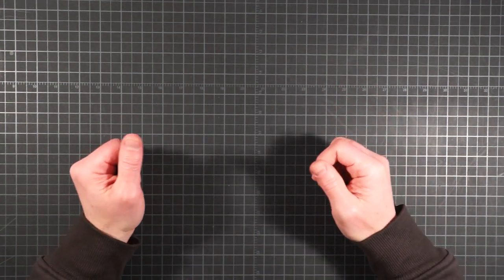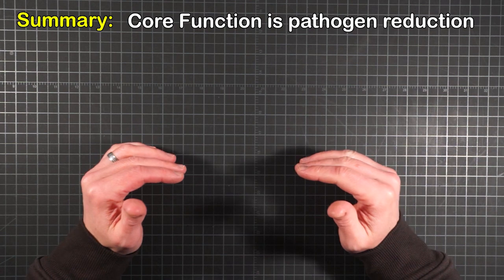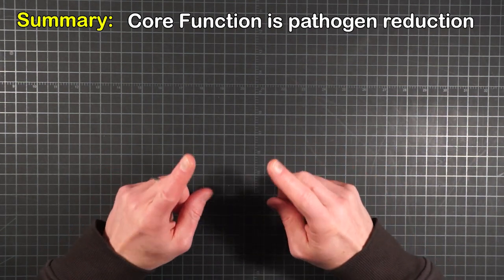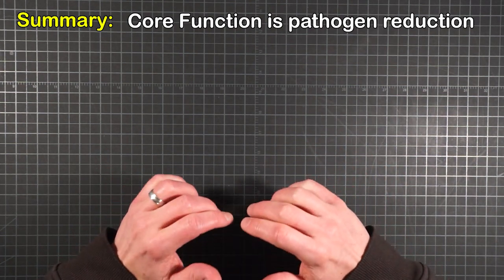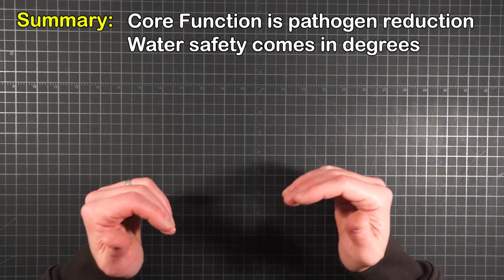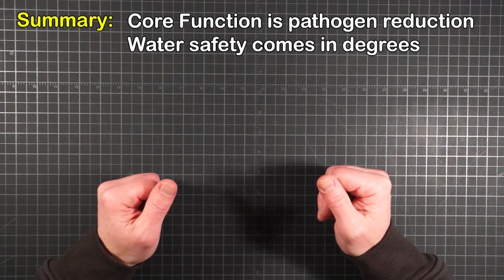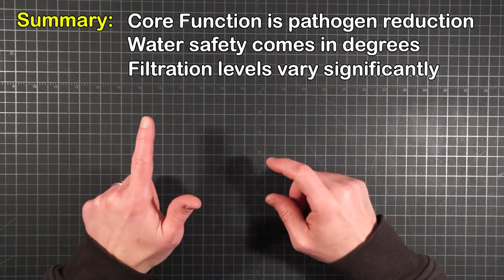Okay, in summation, ease of use and versatility do matter, but they are not the core function of a backcountry water filter. Pathogen removal is, and it's a false binary to suggest that a given filter is either safe or not. Safety comes in degrees, and it's reflected in the probability of getting sick from contaminated water. A given filter doesn't just meet standards or not.